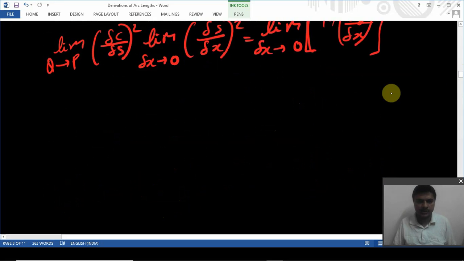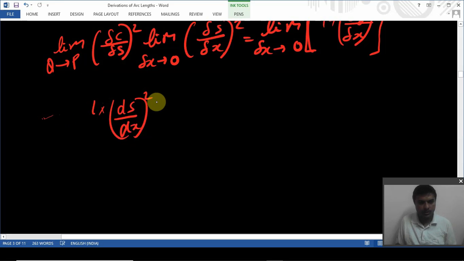Now simplify this. In the previous slide I have given that this equation is equal to 1. So this is 1 into, limit, this is going to become ds upon dx the whole square is equal to 1 plus dy upon dx the whole square, because here no x is there, so 1 remains as it is.